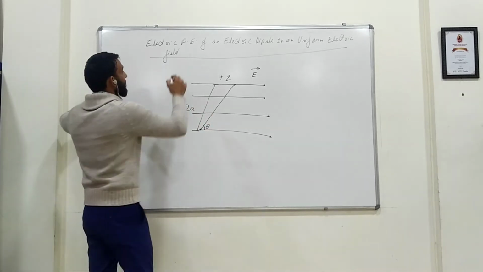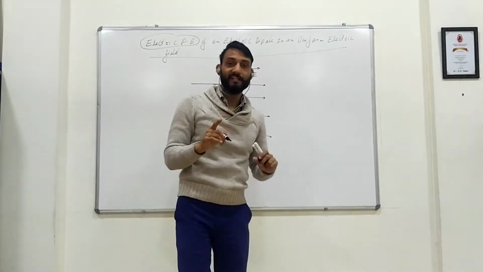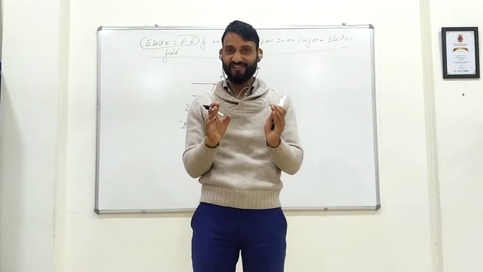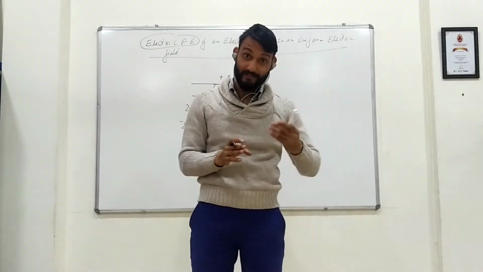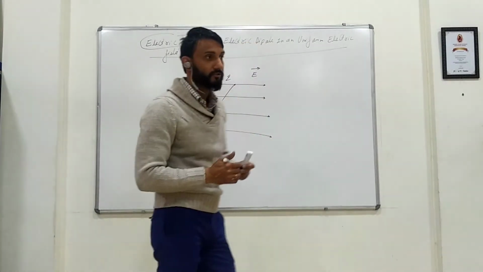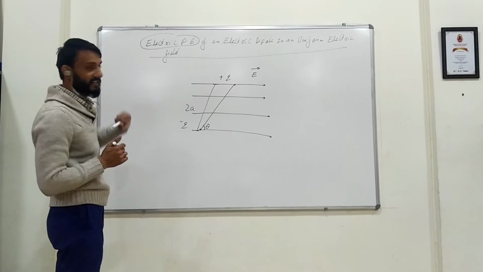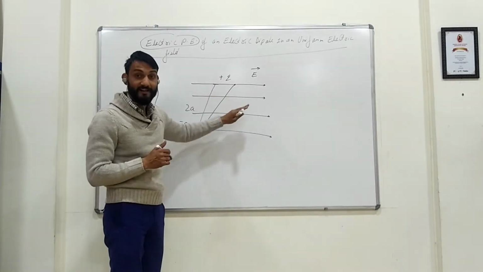So we have to calculate the electric potential energy. Now guys, you know that potential energy always comes in a particular system when some amount of work is done against some other resistive force, right? Only then this electric potential energy comes into play. Now as I told you, this is an important derivation.